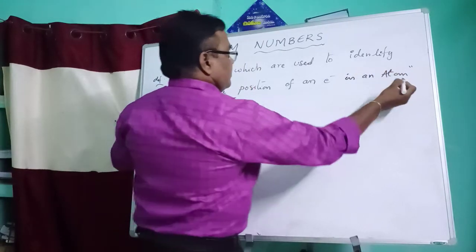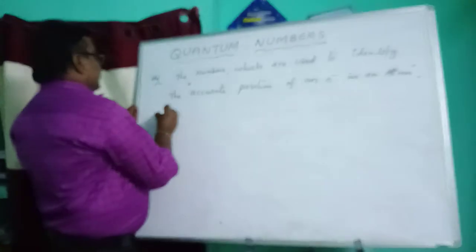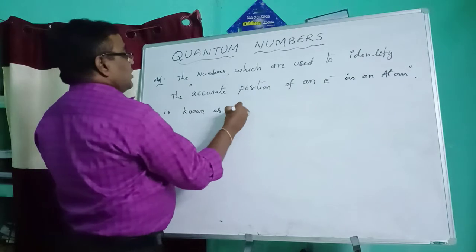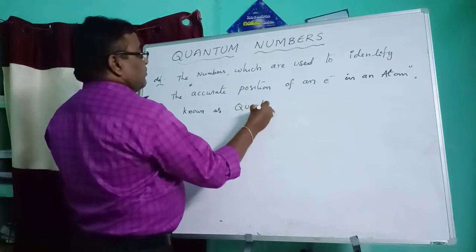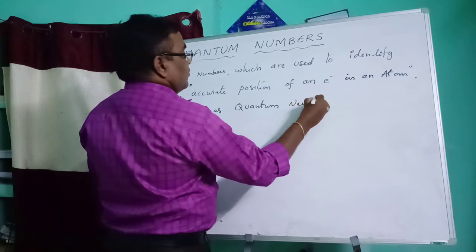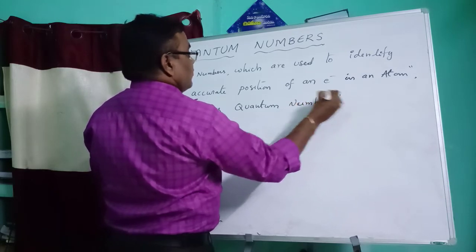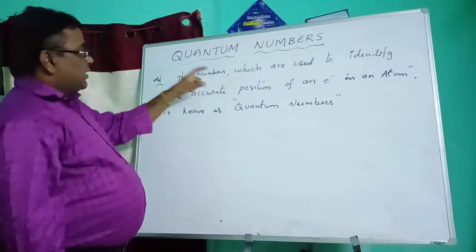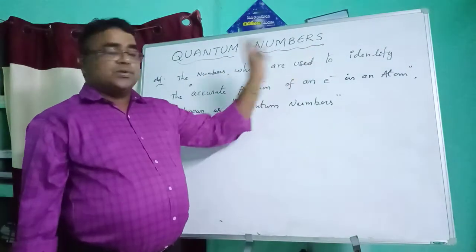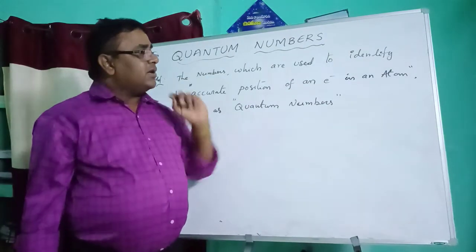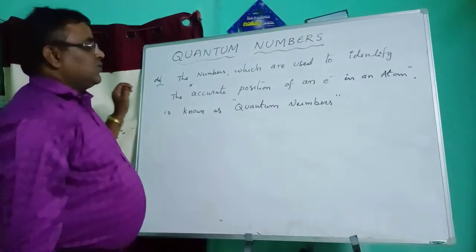The numbers which are used to identify the accurate position of an electron in an atom are known as quantum numbers.